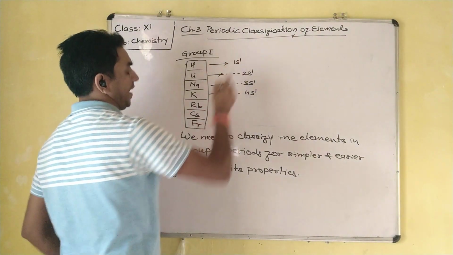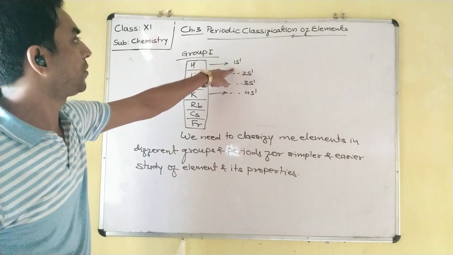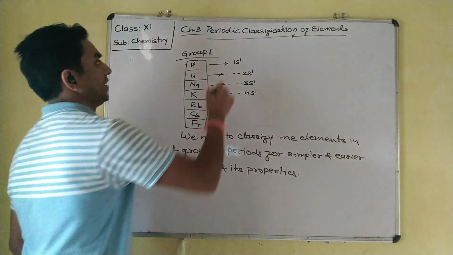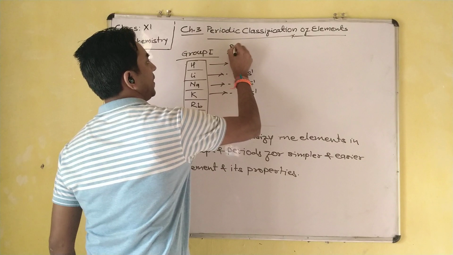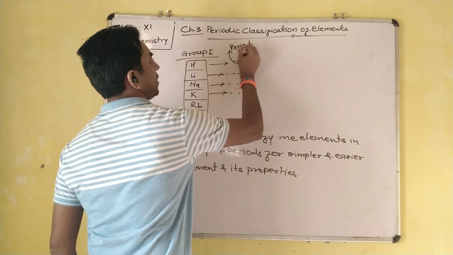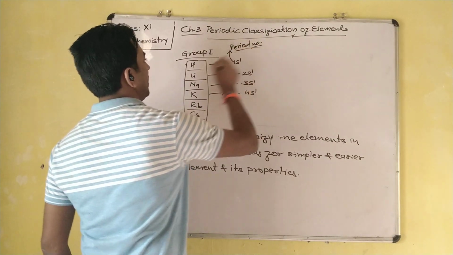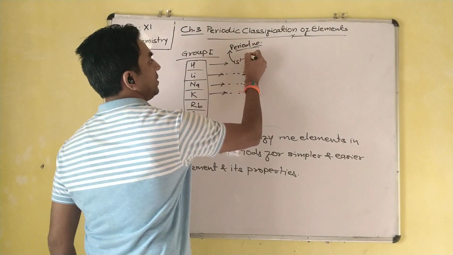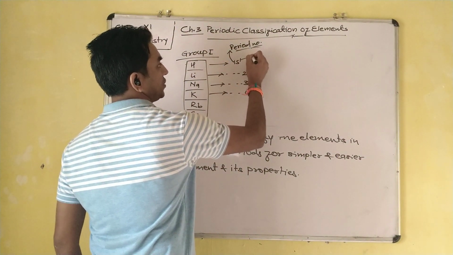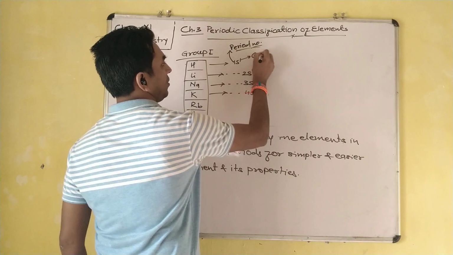The number written in front of s denotes the period number, meaning hydrogen belongs to period number 1, and the electron count written as a superscript stands for the group number.